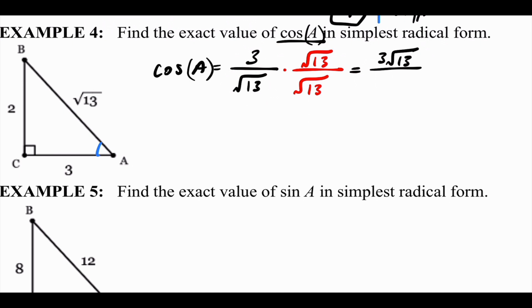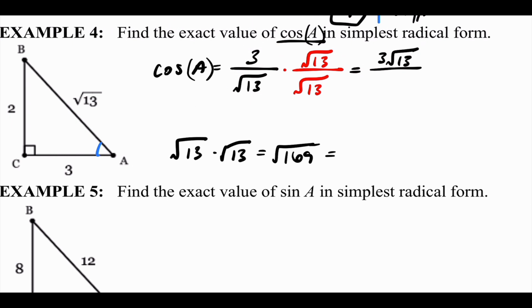Now I have the square root of 13 times the square root of 13. Can I multiply those two square roots? When I do that, I get the square root of 169. Take a wild guess.